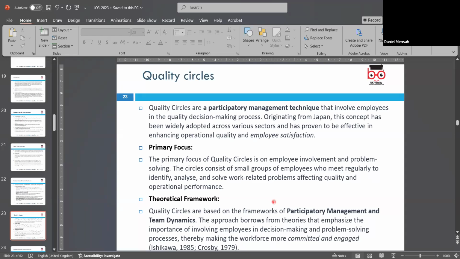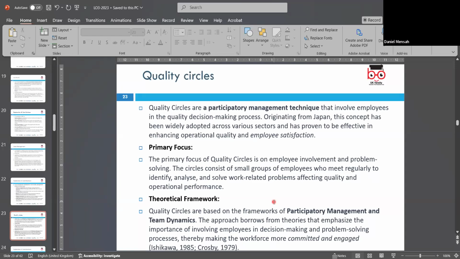So what happens in this case is you make small teams working on the identification of problems and bringing solutions related to their jobs and their processes.